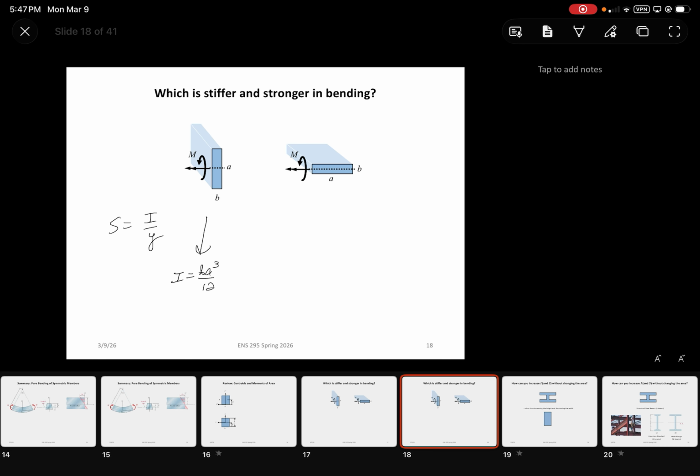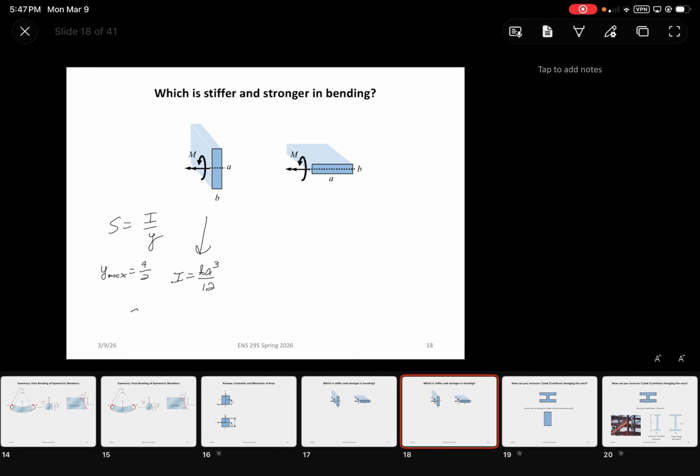Let's say that the point of maximum stress would be where? Where would the point of maximum stress and strain be located? Yeah, top and bottom, which for a symmetric cross-section would just be A over 2, right? So Y for max would just be A over 2.